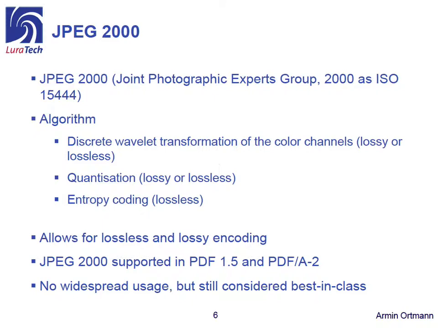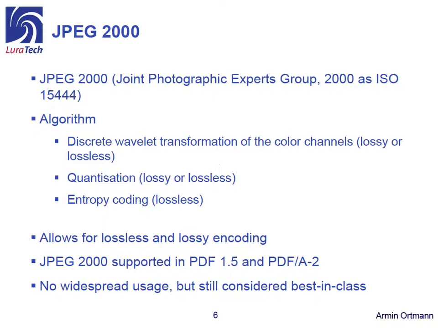JPEG2000, just the technicalities to have it in the presentation. It's ISO 15444. And the algorithm relies on a discrete wavelet transformation, which can technically, mathematically be applied in a lossless, reversible fashion. I'm not actually able to go into the details here, but the values that you get out of this, the kind of filtered values, this is similar to JPEG.